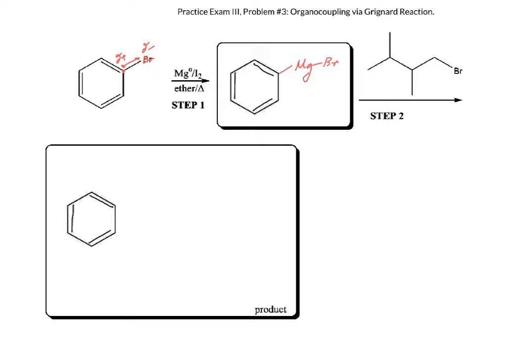Of course, the bonds between metal and non-metal are ionic. So magnesium, if these were ionic bonds, would be positive 2, bromide would be negative 1, and carbon here would be negative 1 with a lone pair of electrons.